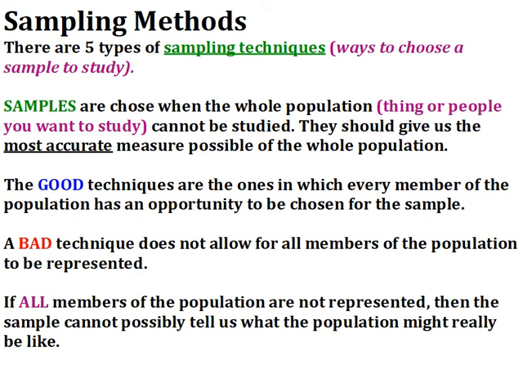So that's not going to give you the best representation of everyone in the US. If all members of the population are not represented in some way, then the sample cannot possibly tell us how the entire population might really feel or what it would be like. So we have some good techniques and we have some not as good techniques.